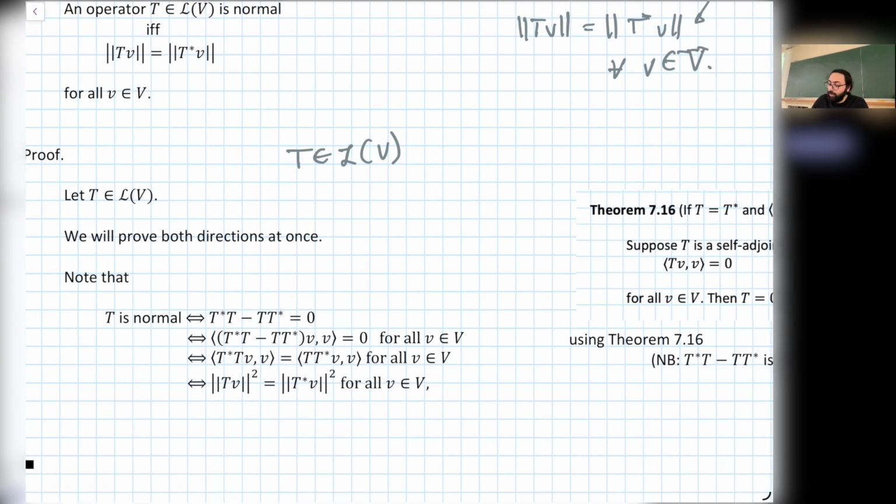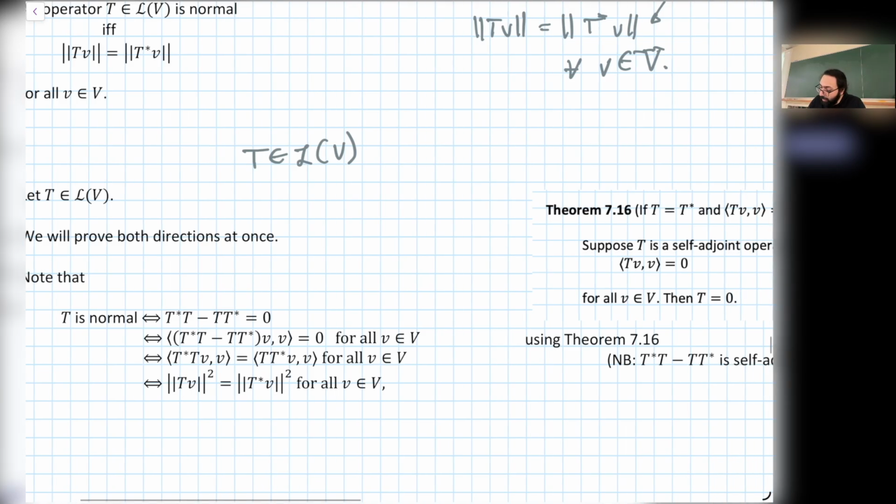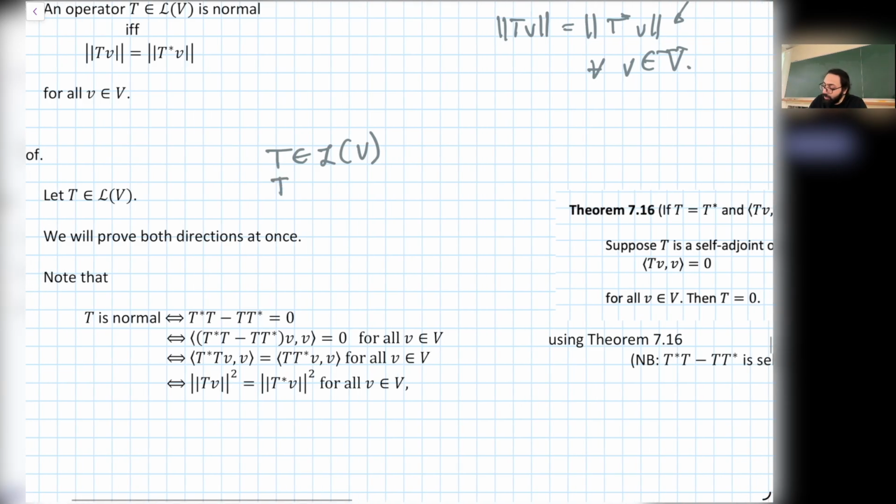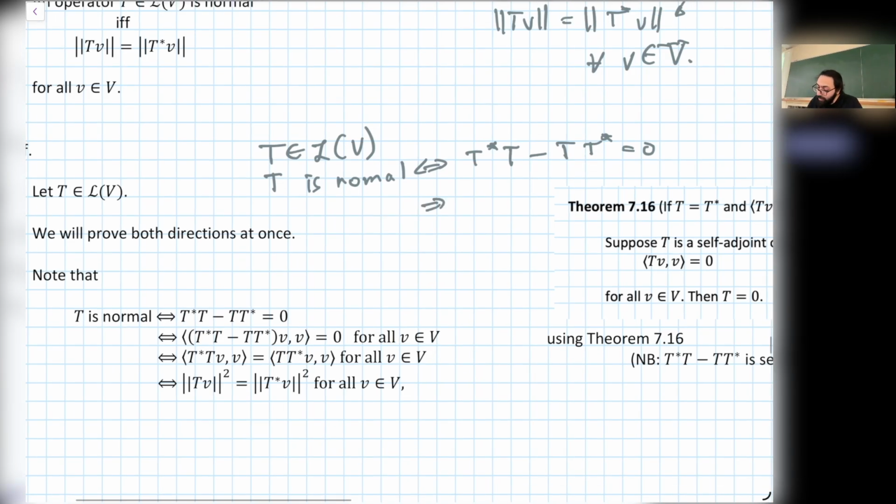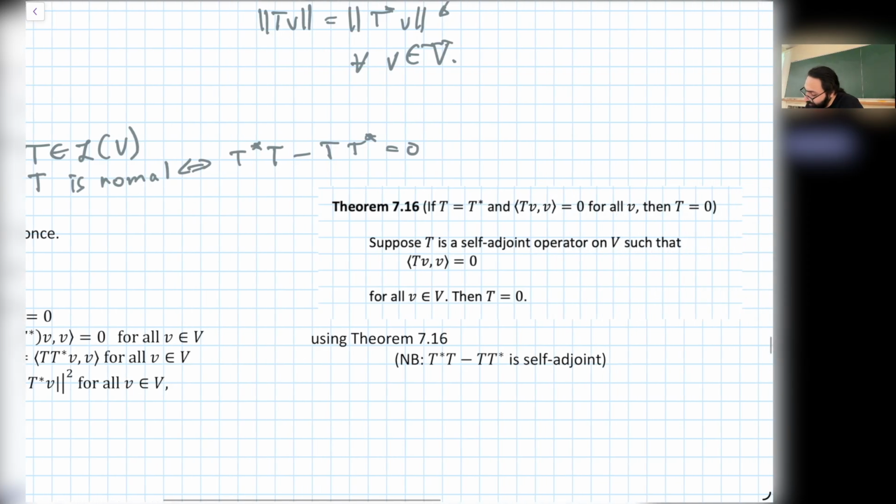Normally what we do is we prove one direction and then we prove the other direction. In this case, we're going to prove both directions at the same time. How do we do it? We're going to look at the definitions. T is normal. This statement is equivalent to saying what? That T star T minus T T star is 0, because this is the definition. Is the first step fine? Next step says that this, in fact, is equivalent to saying that, sorry, give me a sec, let me write it in.